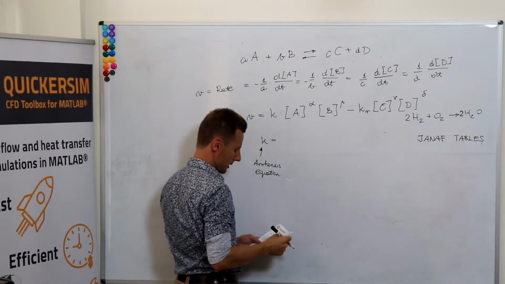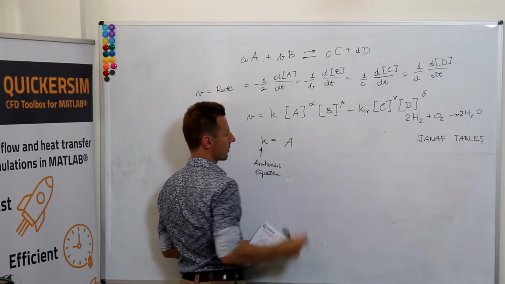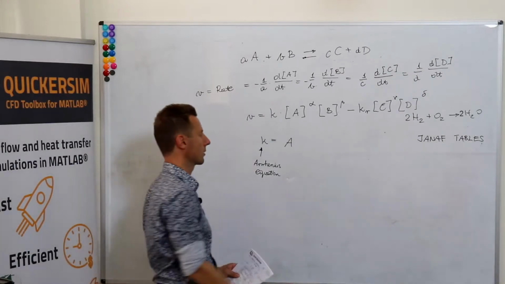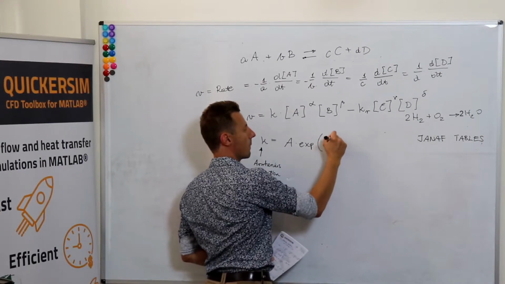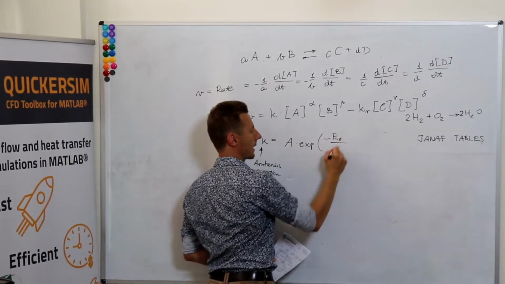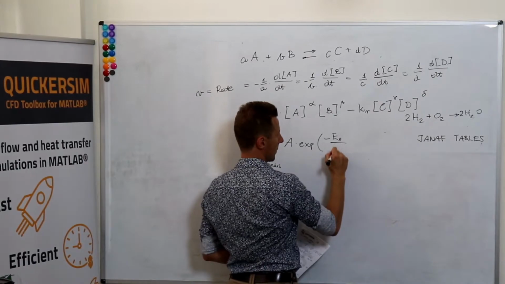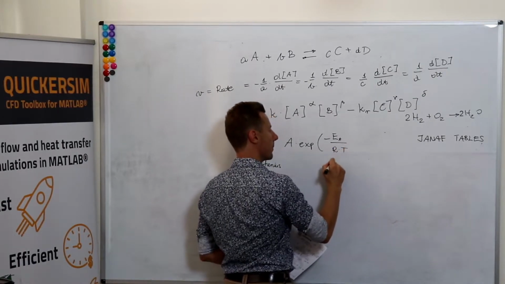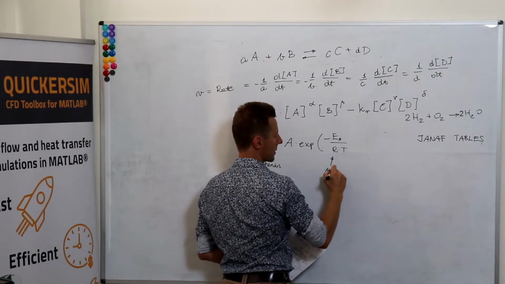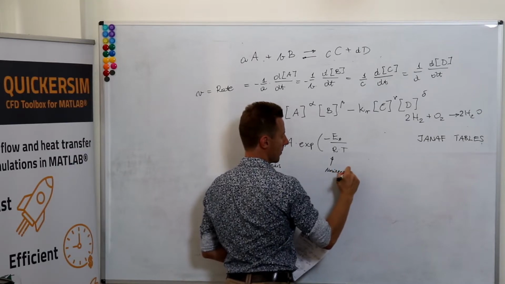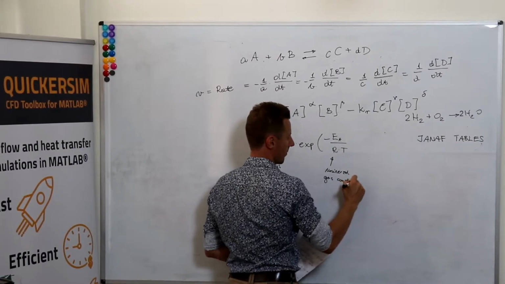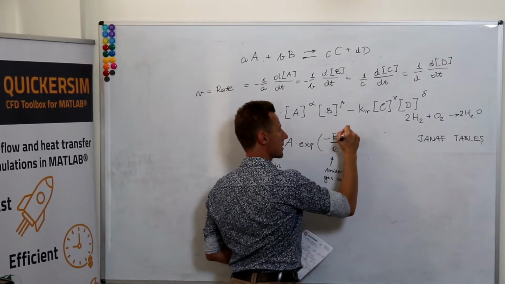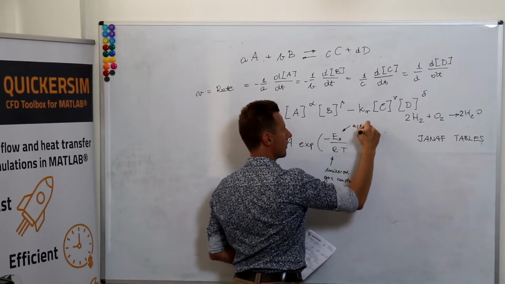The Arrhenius equation says that it's some constant A, the pre-exponential factor, times the exponent of minus activation energy divided by universal gas constant times temperature. This one is called activation energy.